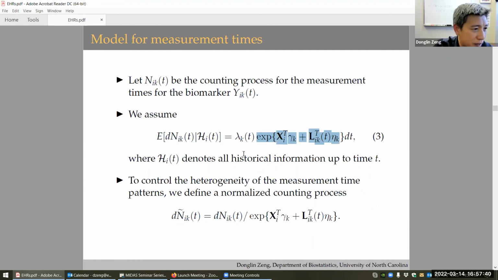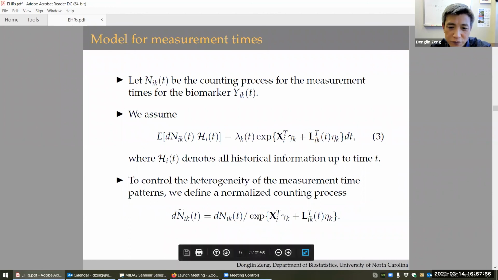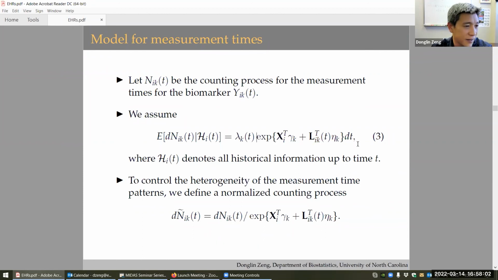So if we really want to remove the heterogeneity, we want to make this intensity or density have nothing to do with X, nothing to do with L. Because it's multiplicative, if you do this kind of division or ratio, then this term will be removed from the density or intensity, making the intensity homogeneous. Then you don't have this heterogeneity.